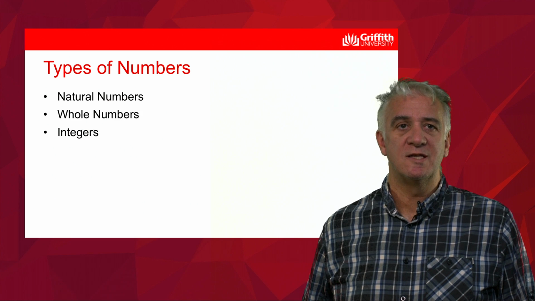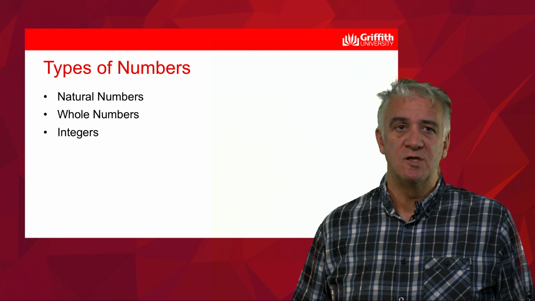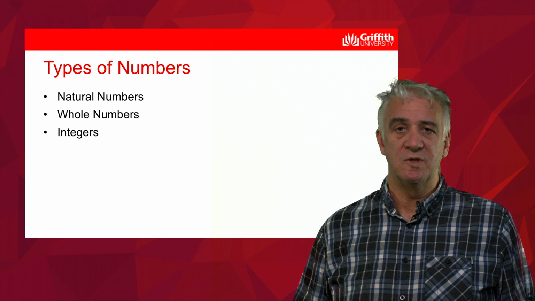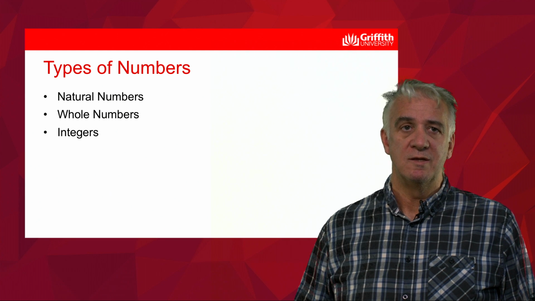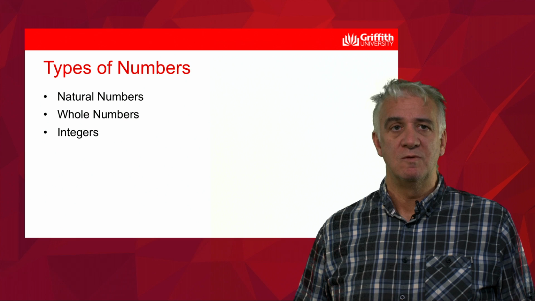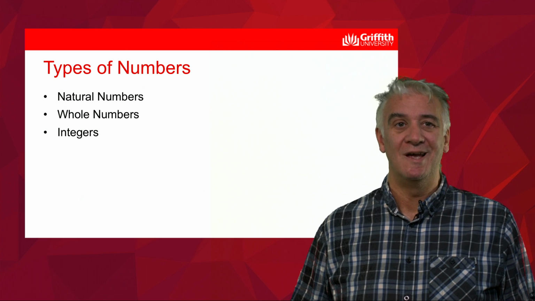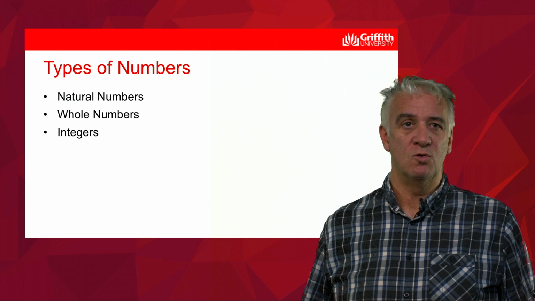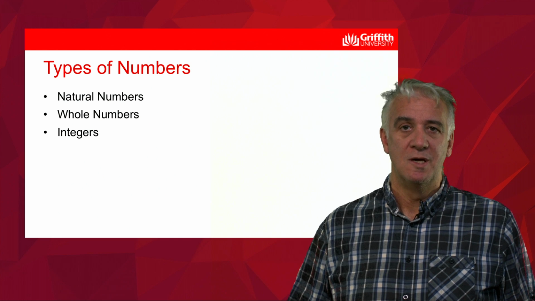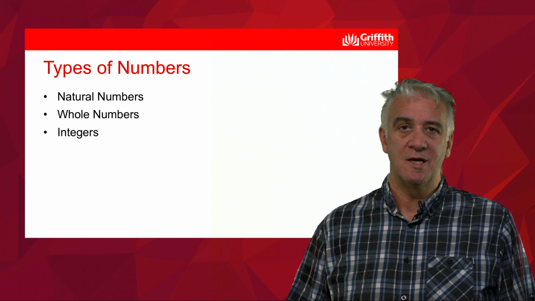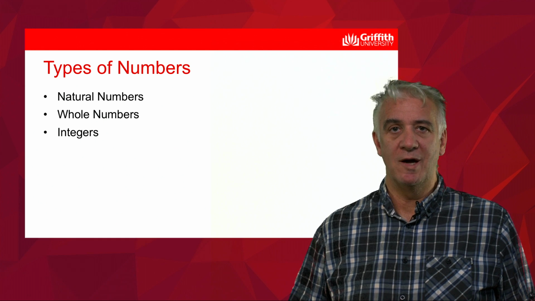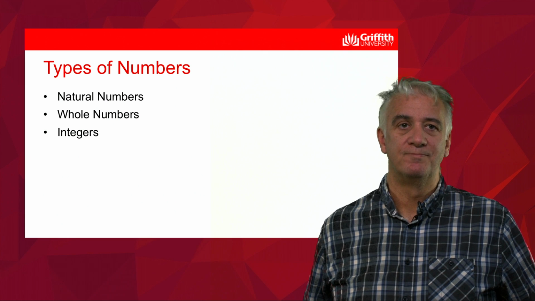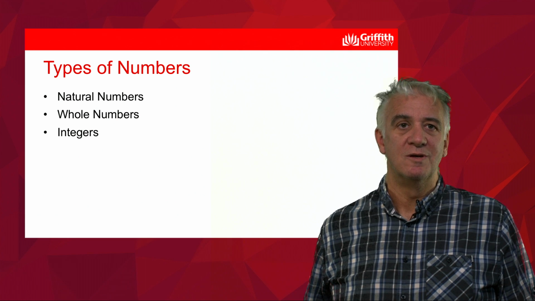Then the next are whole numbers, which is 0, 1, 2, 3, 4, 5, etc. And then there's the integers, which is the negatives and positive whole numbers. And using the word whole numbers there, you see it already could be confusing for kids because we've just called the numbers above whole numbers. But integers obviously are -3, -2, -1, 0, 1, 2, 3, etc. in both directions. I think none of that's new to you.